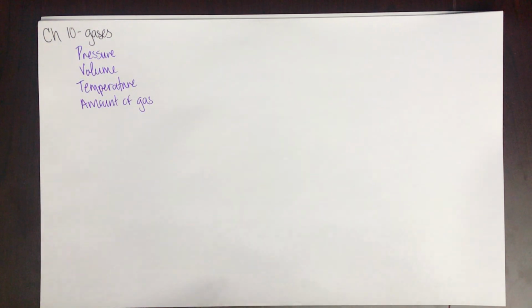Okay, so pressure of a gas. There are multiple units that you're going to see used when we're talking about pressure. There are tables in your textbook and on the PowerPoint slide that show you how to convert from one unit to another. There are certain times where you will need to use one unit, so you'll have to convert from one to another, and certain times where it doesn't matter which unit you choose to report your answer in.